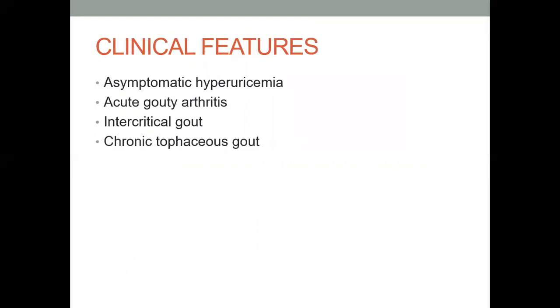So asymptomatic hyperuricemia occurs around puberty in males and after menopause in females.